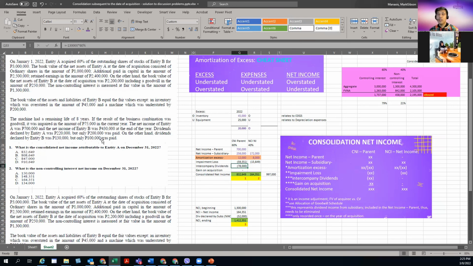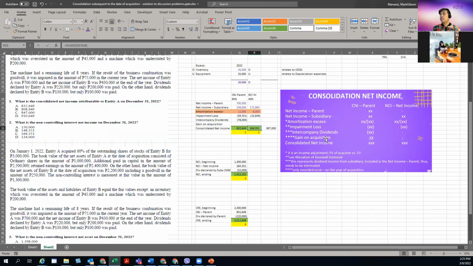So that's 130,000 multiplied by 60%. So get the sum. So 832,649 for the consolidated net income attributable to the parent, and the non-controlling interest net income of 164,351. So yun, sagutan natin yung requirements 1 and 2.